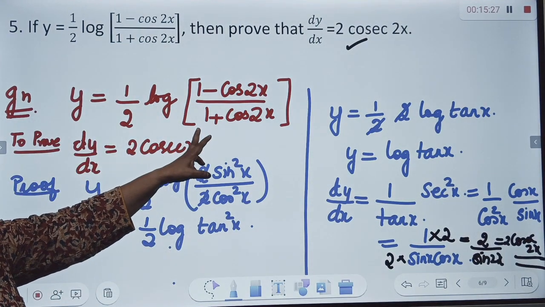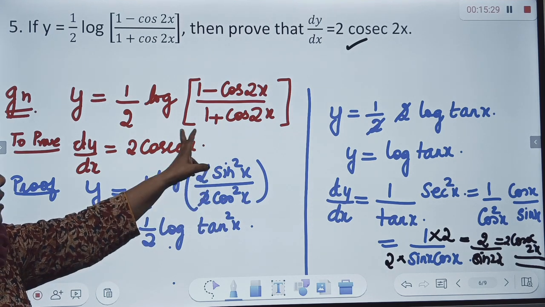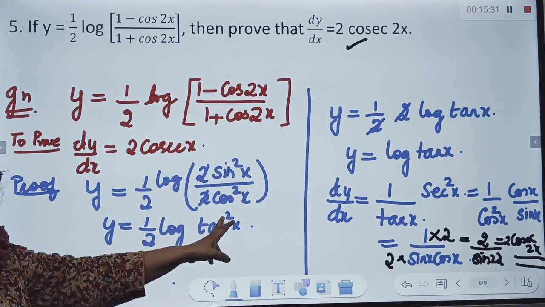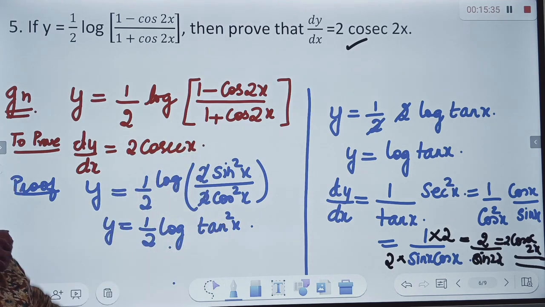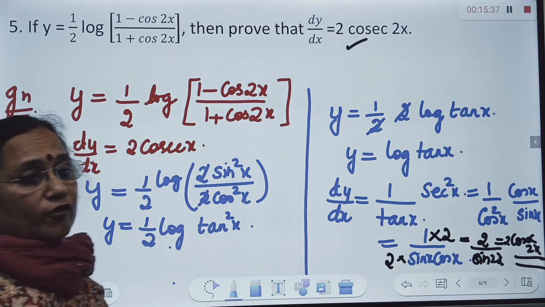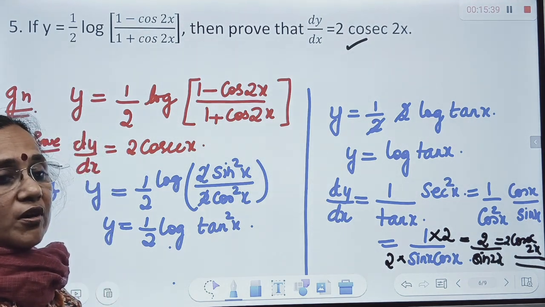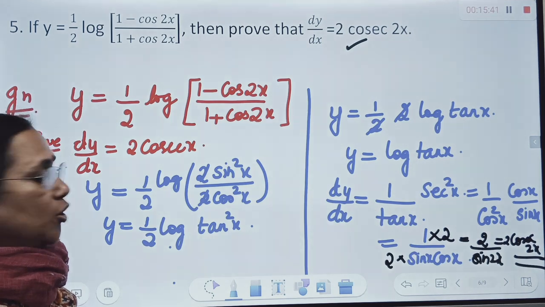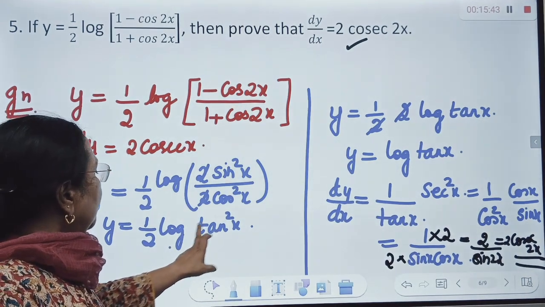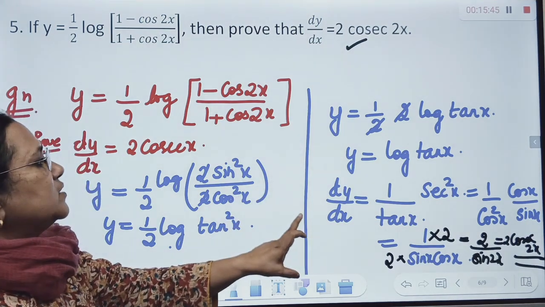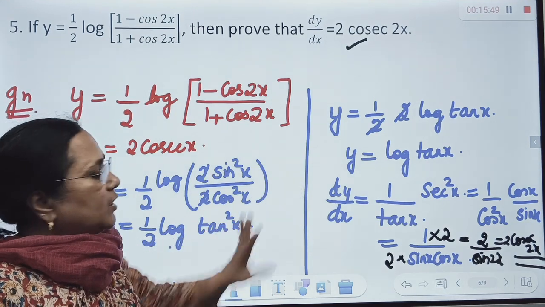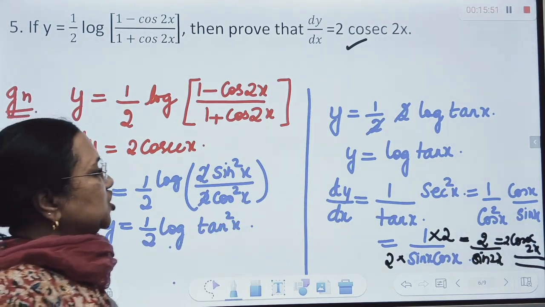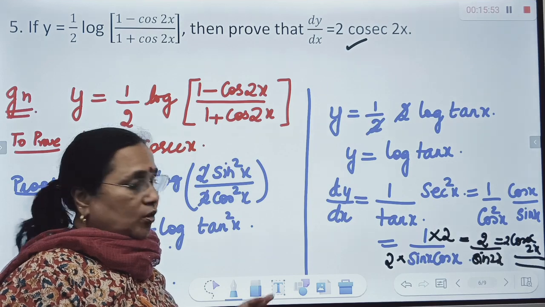First I have written 1 minus cos 2x as 2 sin square x, 1 plus cos 2x as 2 cos square x. So this simplifies to tan square x. Then I am using the property of logarithms. Log of a power m is m log a. So log of tan square x is 2 log tan x. So the whole term y gets simplified to log tan x. Now when I differentiate, log of x, if I differentiate, I get 1 by x.